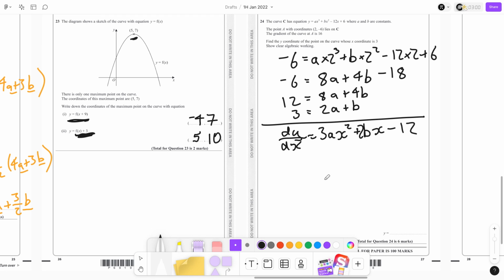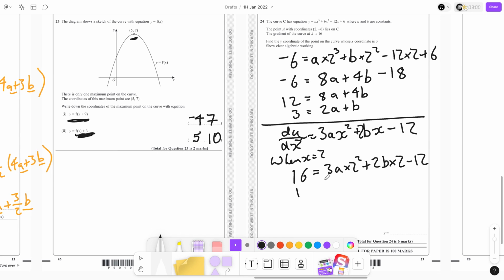And when x is 2, the gradient is 16. So 16 equals 3a times 2 squared plus 2b times 2 minus 12.